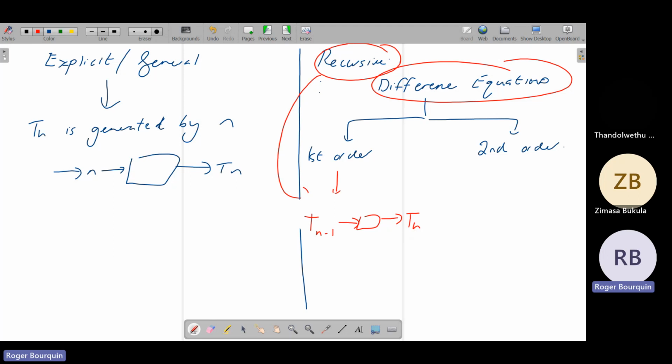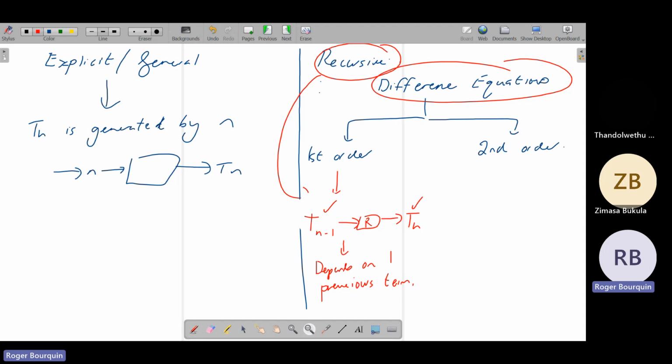So in other words, it depends on the one previous term. Sometimes we write Tn, this means the same. So Tn minus 1 means the term before term n. If you know this, you put it into your recursive formula, what pops out is term n. It depends on the term before. Disadvantages are what? Well, to figure out term 50, you have to first know term 49, term 48, term 47.